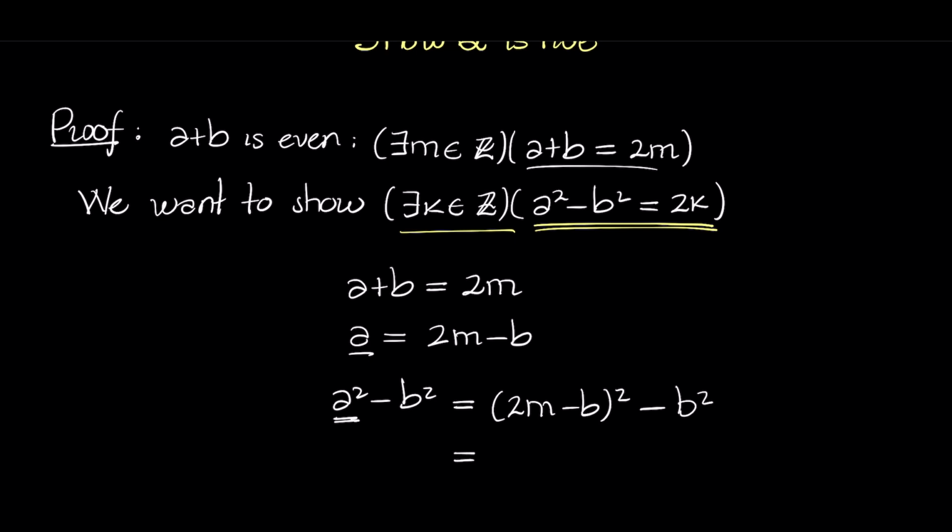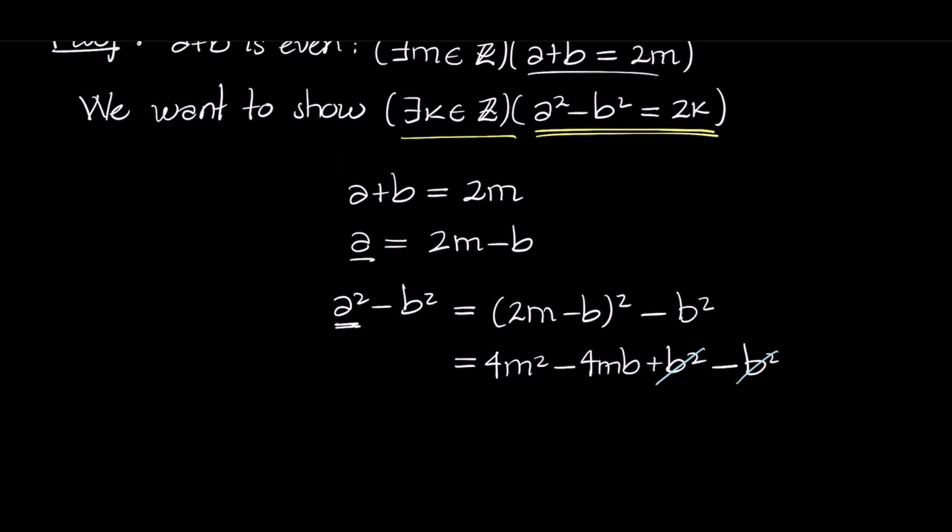And this will be equal to 4m squared minus 4mb plus b squared, and this will be minus b squared from the outside. So here we can cancel out these b squares, and we will have that this is equal to 4m squared minus 4mb.